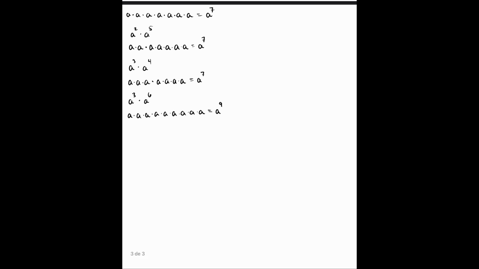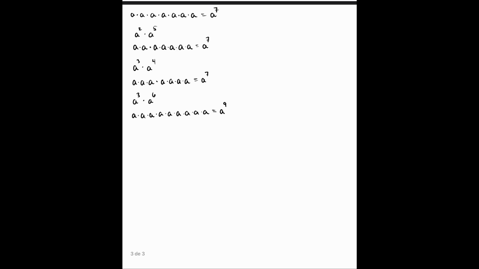Like, what if we had a to the 15th power times a to the 50th power? It would be really annoying and very time consuming to have to write down all of those a's and then count how many we have.